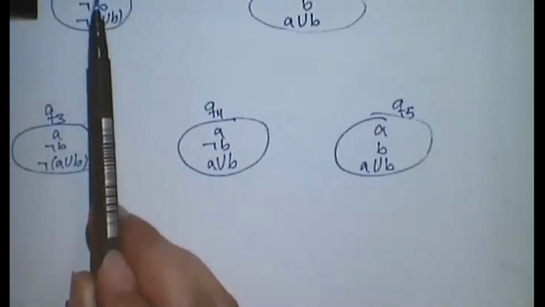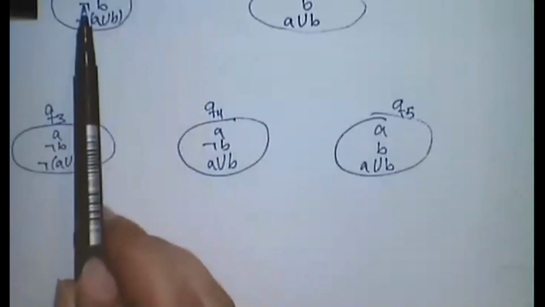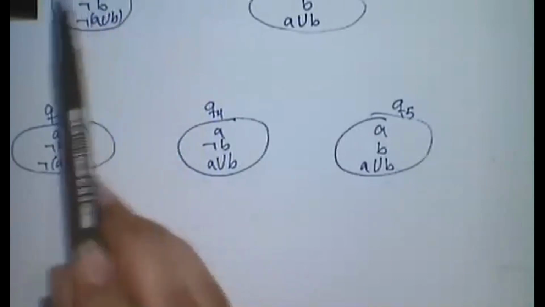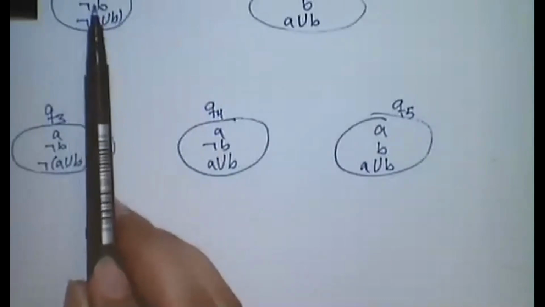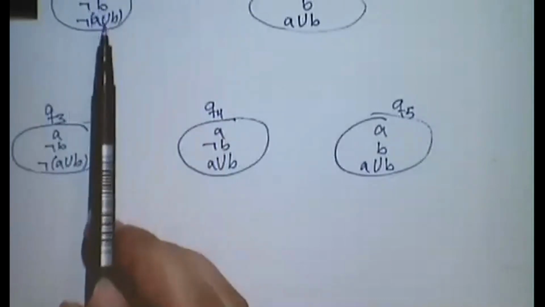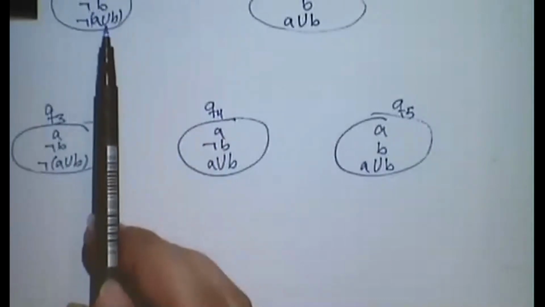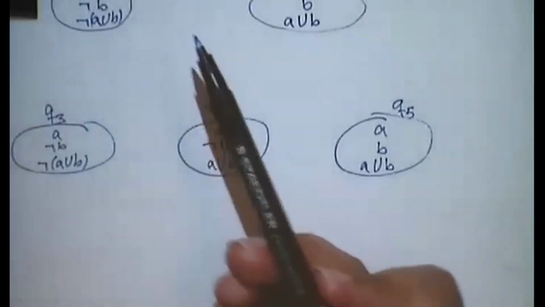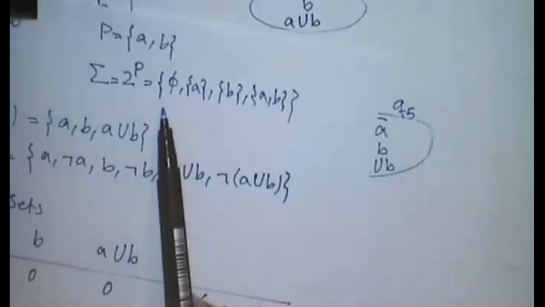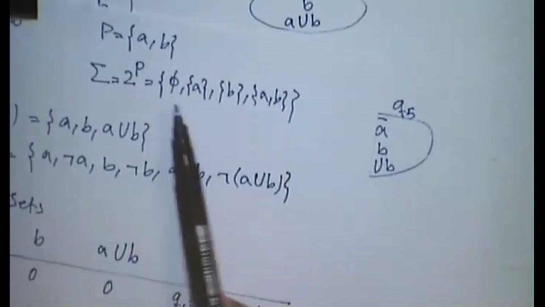If I want to transition out of Q1, I should be sure that I don't have A and I don't have B. Otherwise, I don't satisfy the requirements of Q1, just like before. So the only transitions that I can have outside of Q1 should be labeled by the empty sets. They cannot be labeled by anything else in my alphabet. My alphabet is this, and all of them have either A or B. The empty set is the only one that has neither.